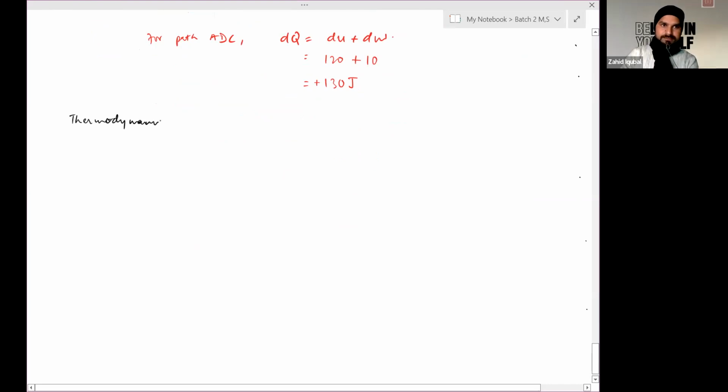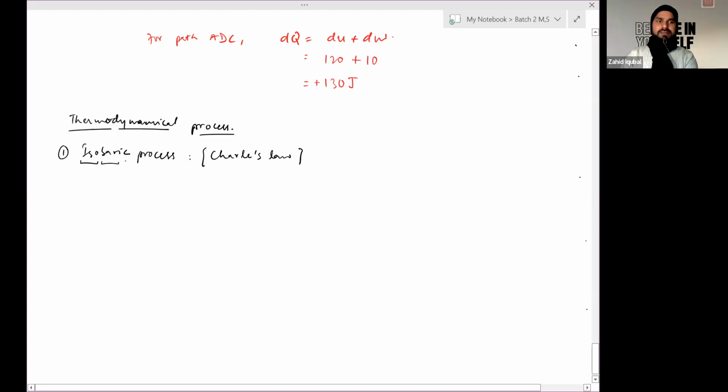First is the isobaric process, which is also called Charles' law. Iso means same, bar defines pressure. So we can say the process which is carried out at constant pressure is called isobaric process.